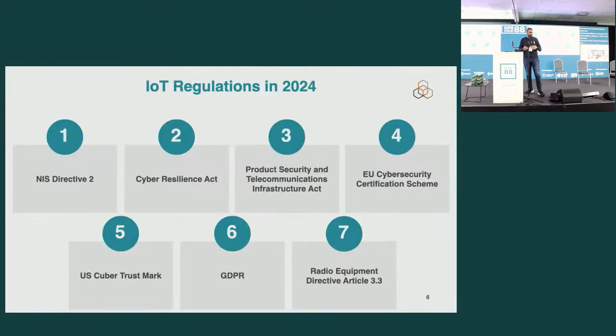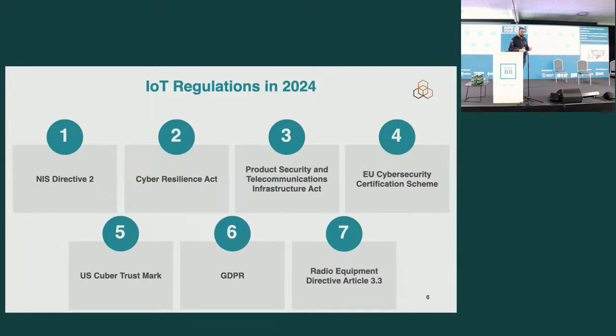In a nutshell, I try to put things in perspective, and these are more or less the pieces of legislation that I believe we should be interested in and looking at during 2024. I try to limit myself to the EU, the US, and the UK. There are a lot of other pieces of legislation in other places of the world.